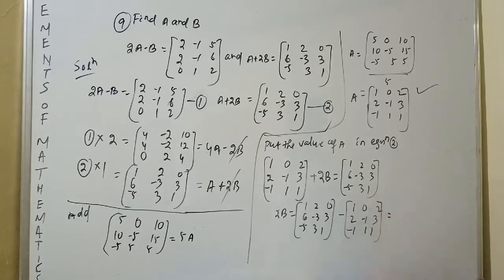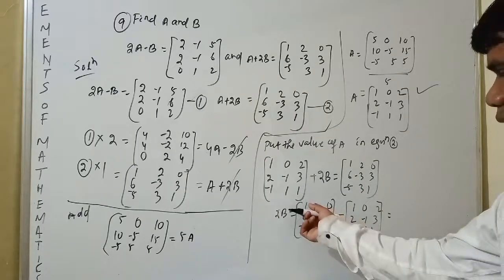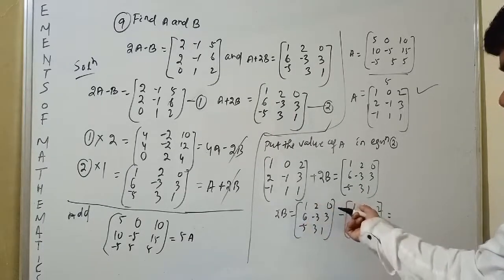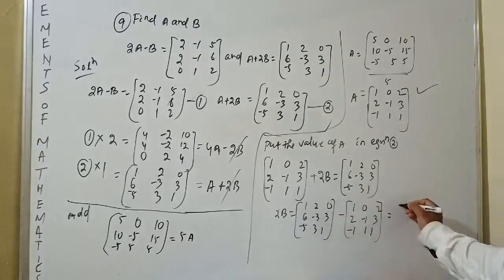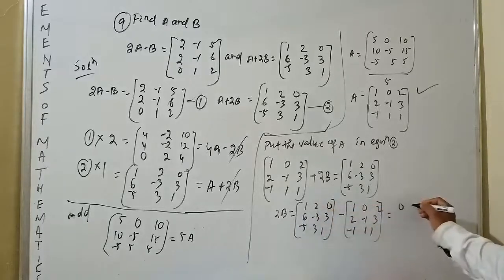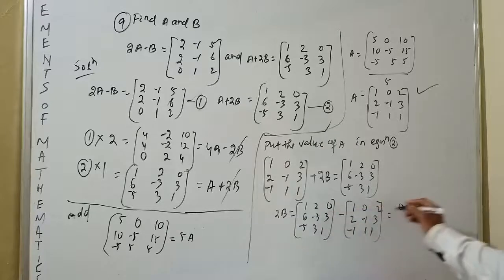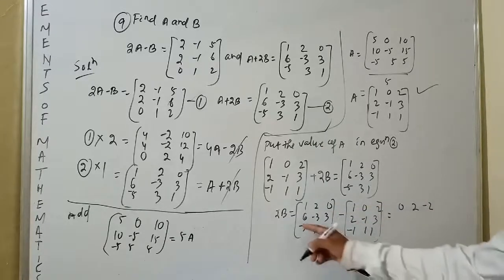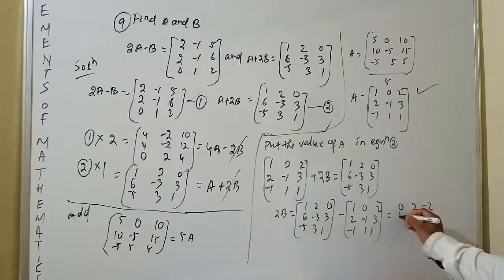The corresponding elements are subtracted. 1 minus 1 is 0. 2 minus 0 is 2. 0 minus 2 is minus 2. 6 minus 2 is 4.